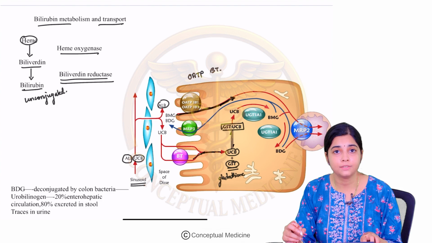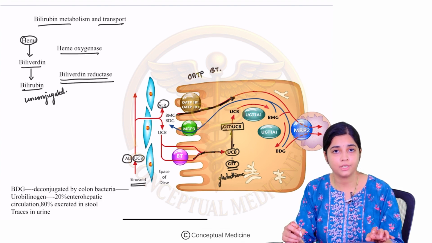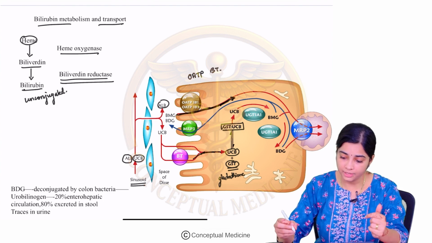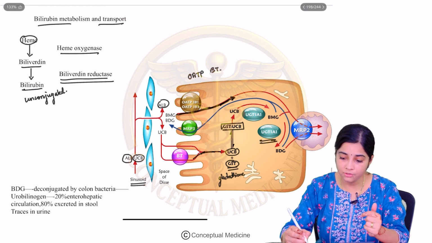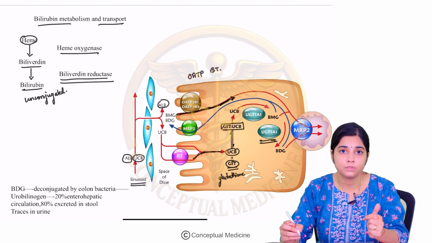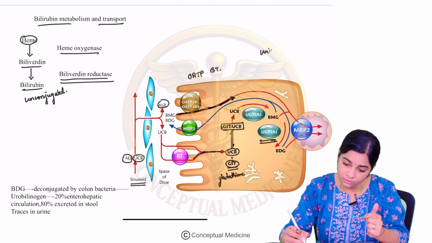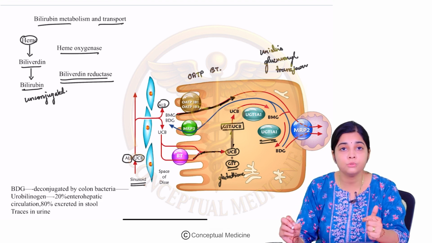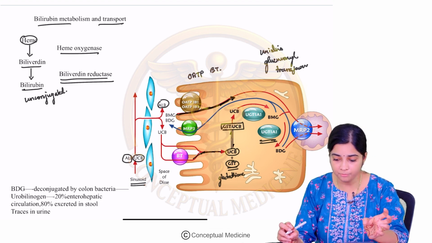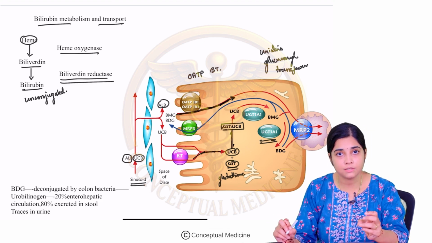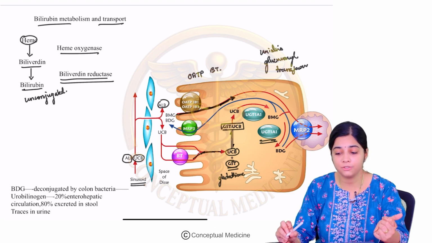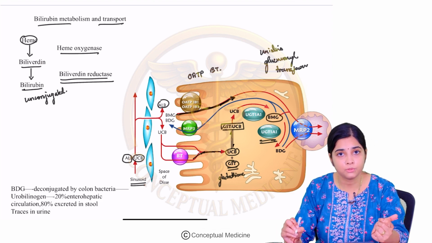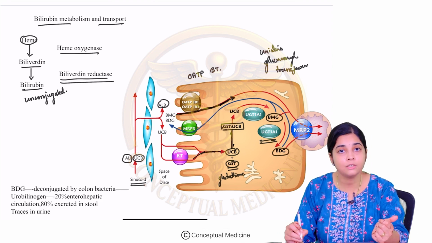This conjugation process is brought about with the help of an enzyme, bilirubin uridine glucuronyl transferase, UGT1A1, which helps in the conjugation of bilirubin. So how does this conjugation happen? With the help of this enzyme, bilirubin is converted into bilirubin monoglucuronide and then bilirubin diglucuronide.